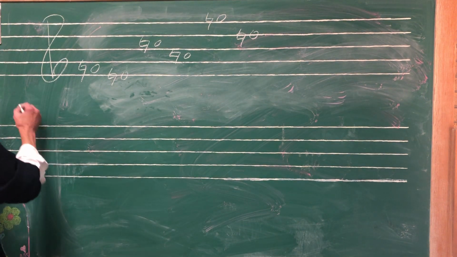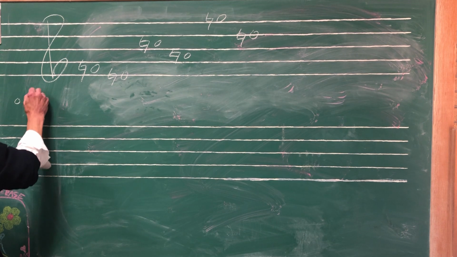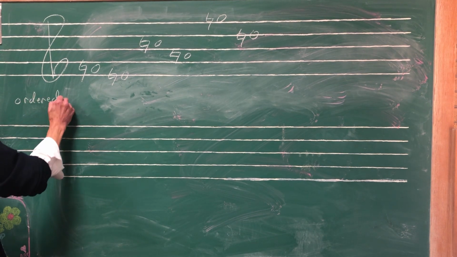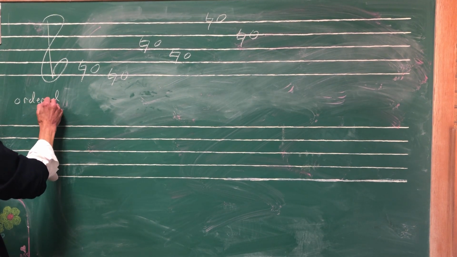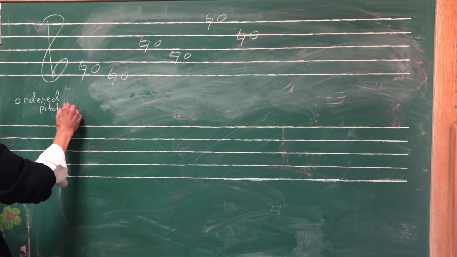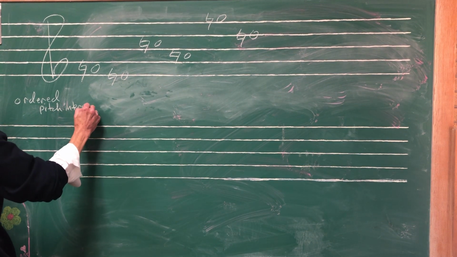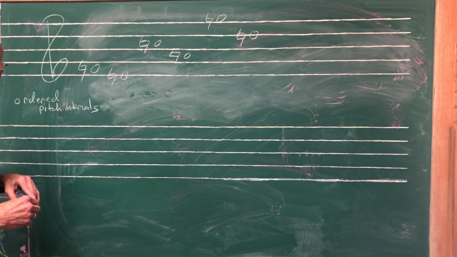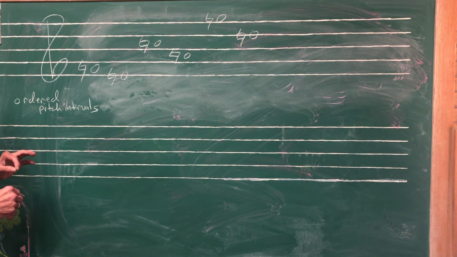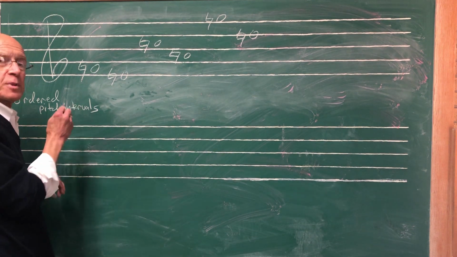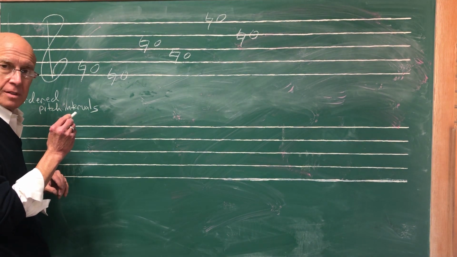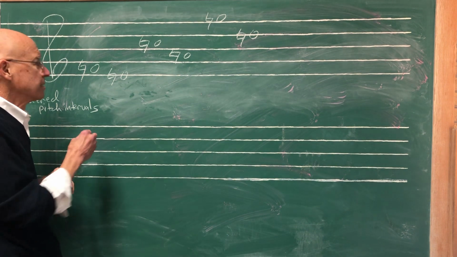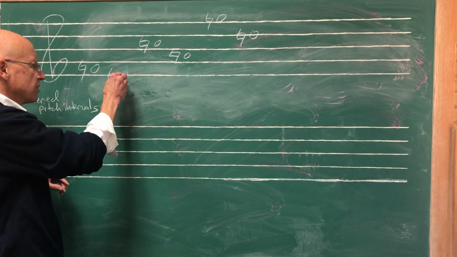So the first one is called ordered pitch intervals, or OPI. Ordered pitch intervals is the number of half steps with regard to direction from this note to this note.